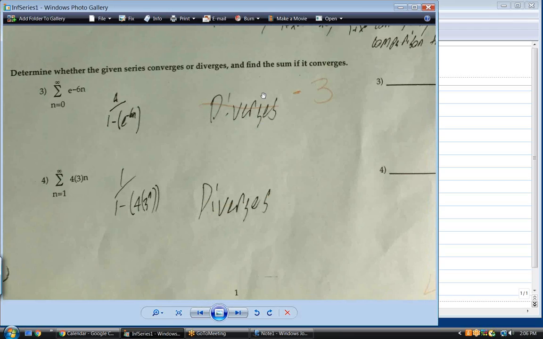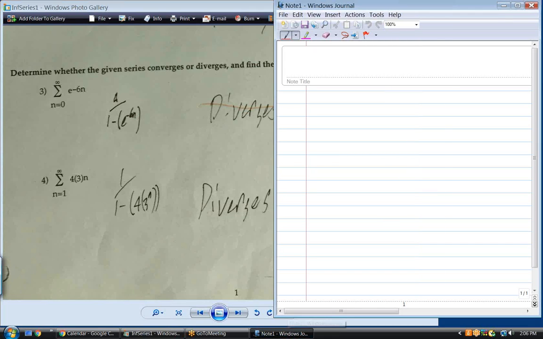Number 3 made me appreciate infinite series because I had forgotten how to handle number 3. Well, this is how you handle it. And I mentioned this a little bit last week. So that's equal to the sum of 1 over e to the 6n, correct?